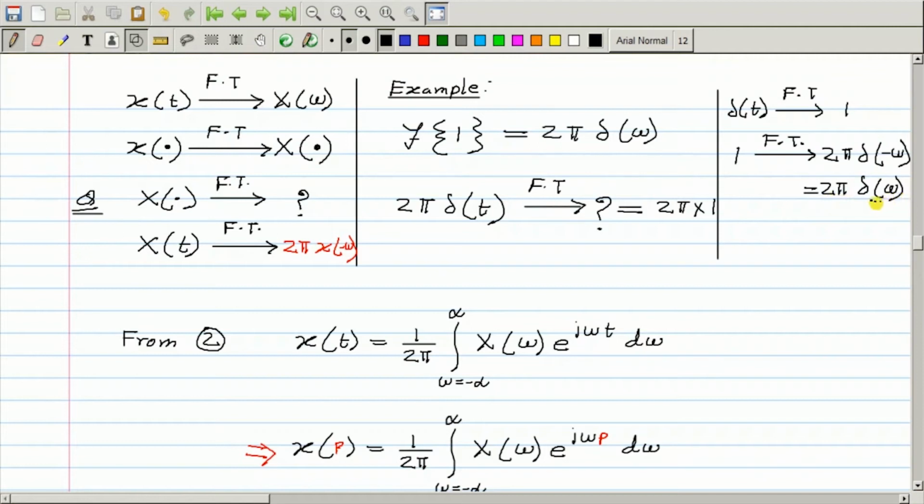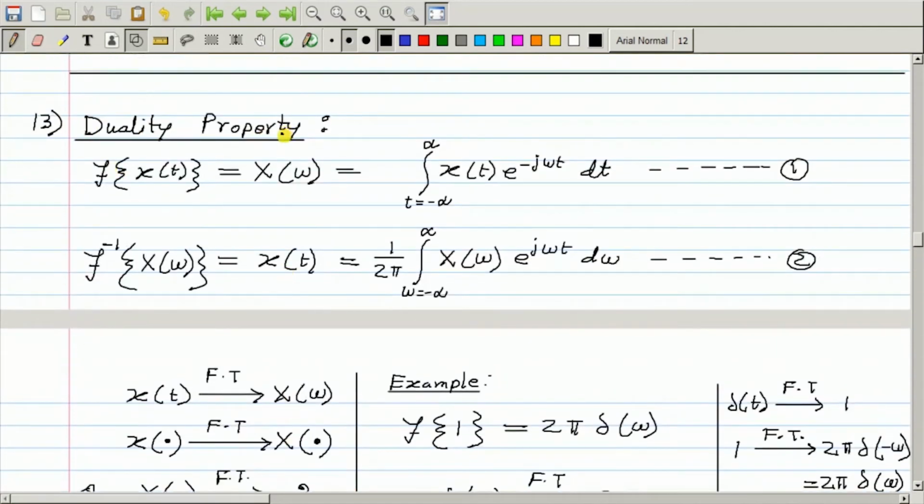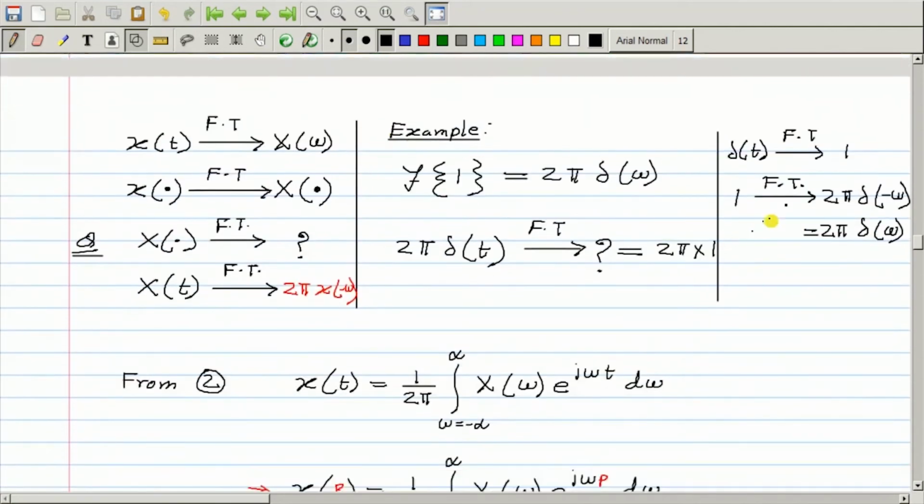And indeed it is. Just few minutes back we have shown that Fourier transform of 1 is actually 2 pi delta omega. So this rule which we call the duality property of Fourier transform is giving correctly the Fourier transform of 1 which is 2 pi delta omega.